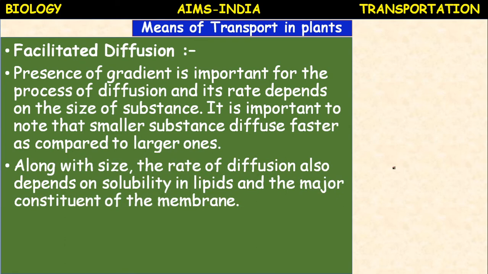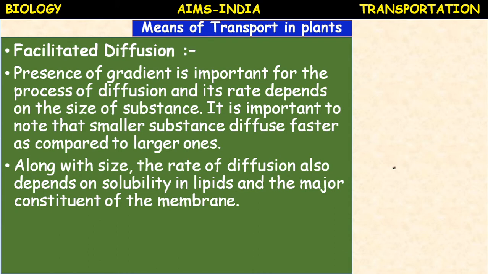Along with the size, the rate of diffusion also depends on solubility in lipids and the major constituent of the membrane, that is, the plasma membrane. The major constituent of the membrane is proteins, lipoproteins.